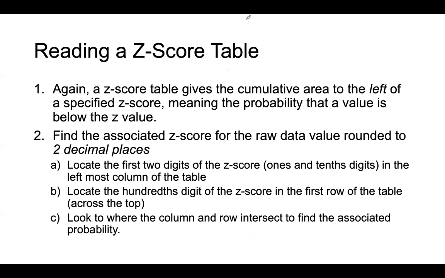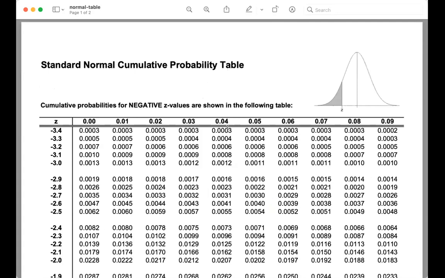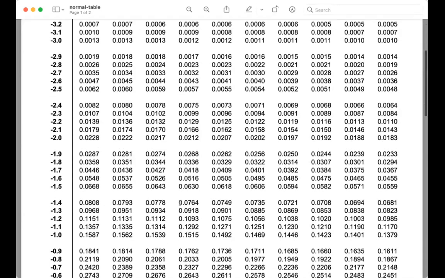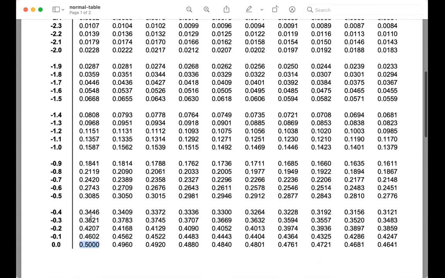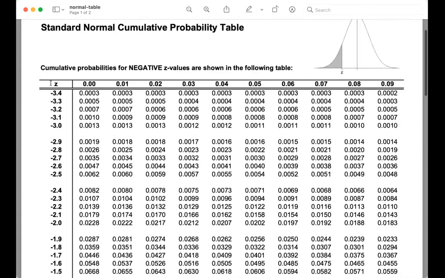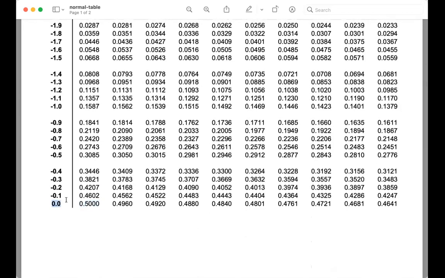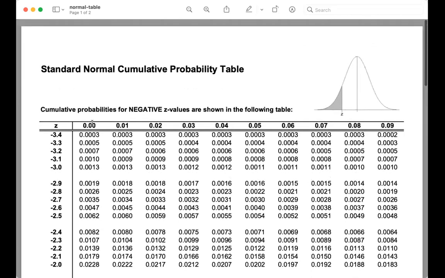Let's look at what it is. We have this Z table, which is also uploaded into the content section. When Z is equal to 0, that means 0.5. We can read this table this way. This is the first and second digit, like 0.0, and this is the next digit.